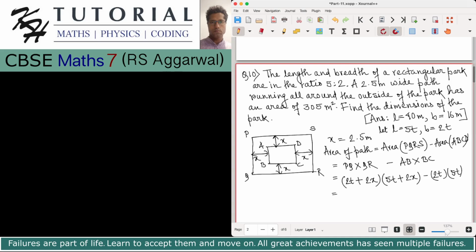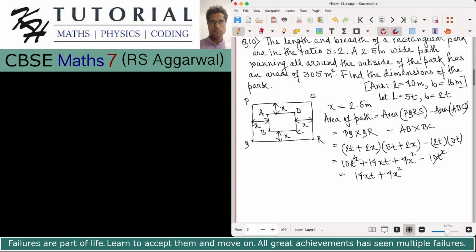If you find the product of 2t plus 2x and 5t plus 2x and simplify, it will be 10t square, plus 10xt and 4xt, which is 14xt, and 4x square, and we have minus 10t square. So 10t square cancels out and we have 14xt plus 4x square.